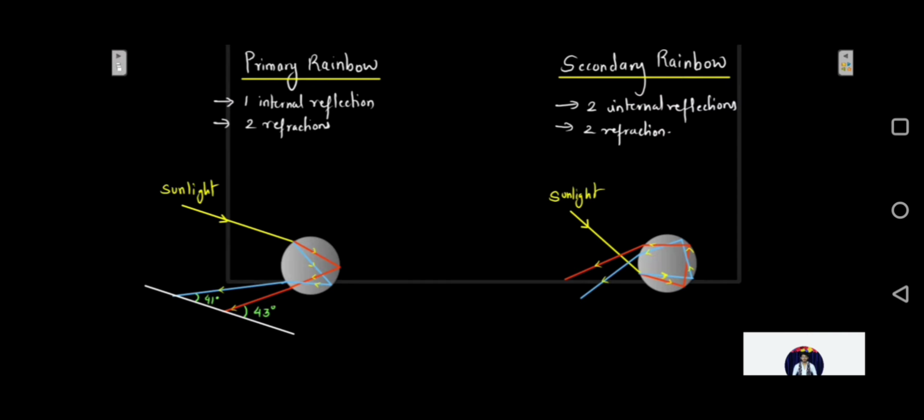So if I mark a line parallel to sunlight, you will notice that the red light over here is going to come out making an angle of 51 degrees, and the violet light is going to come out making an angle of 54 degrees.